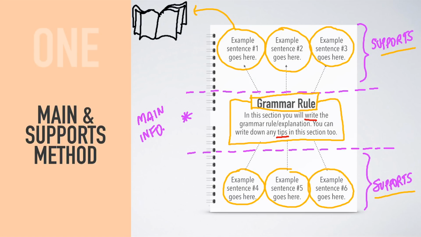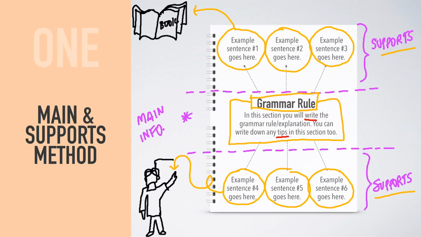Your note taking depends on what method you're using as far as studying English. So if you're using a book, just look inside the book for the example sentences. Or if you are attending an institute and you have a teacher who teaches you every day how to speak English, as the teacher is speaking to you and writing on the board or giving examples, you're going to write down the examples that the teacher gives you in class.